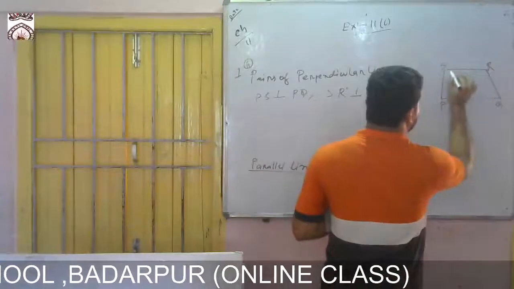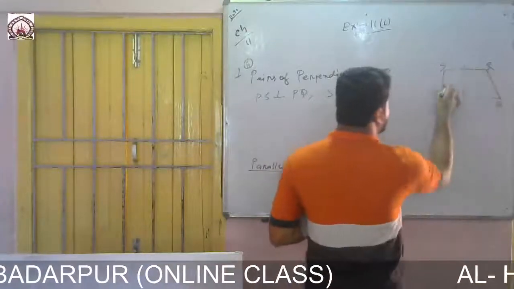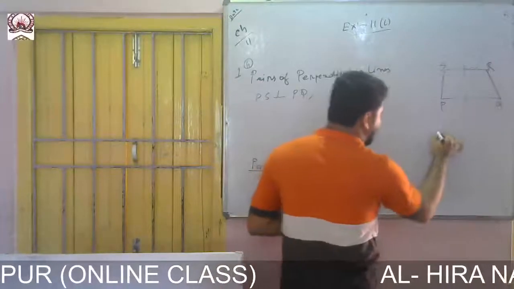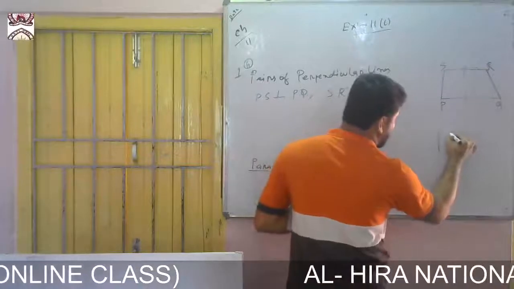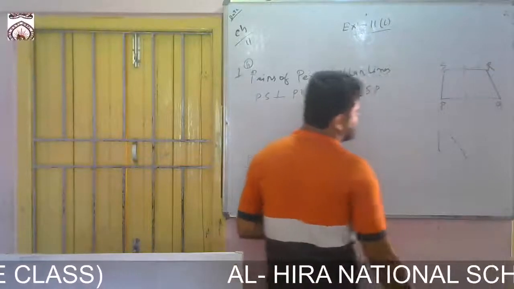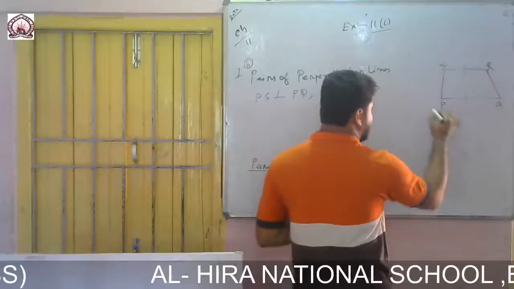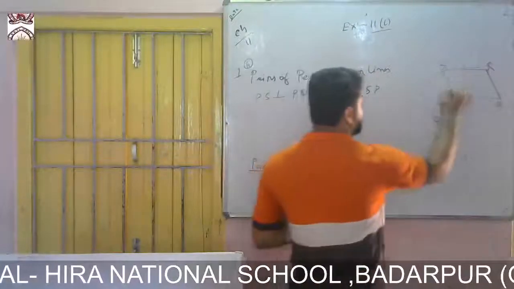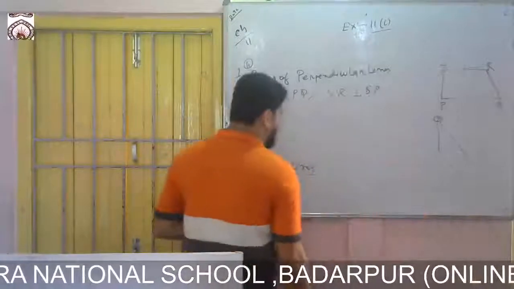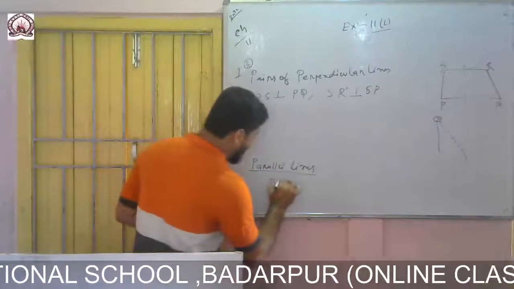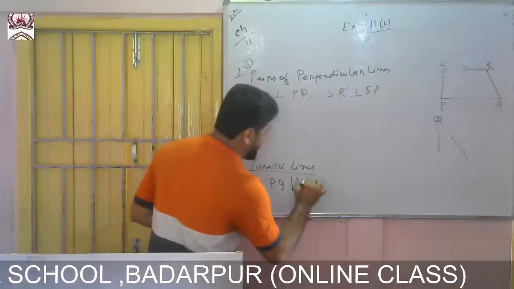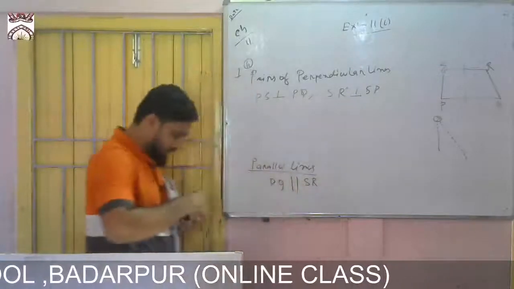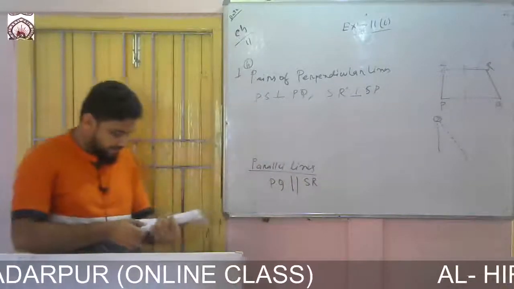This one is parallel to this one, but this one is not parallel to this one, because if I extend this one like this, and this one like this, then they will meet each other. So this line and this line are not parallel. Only PQ is parallel to SR.